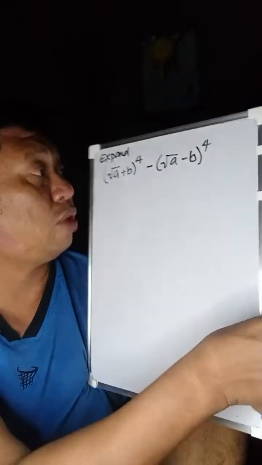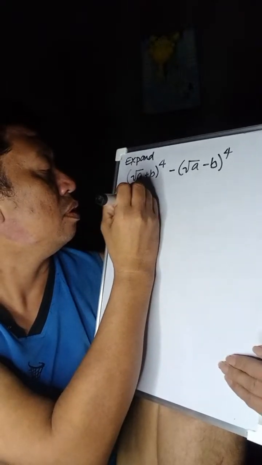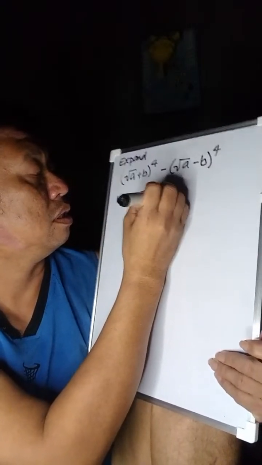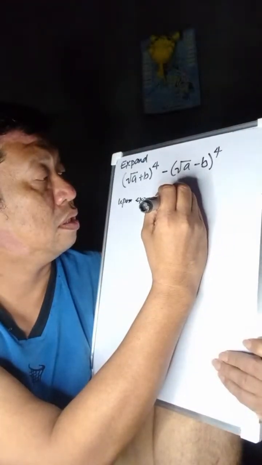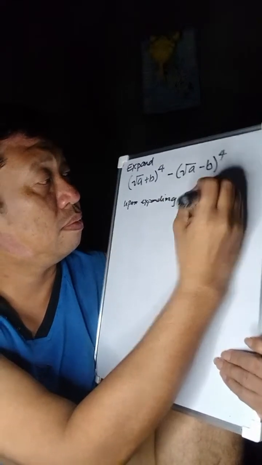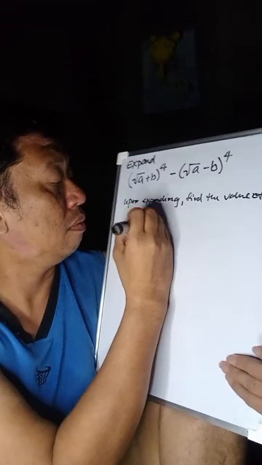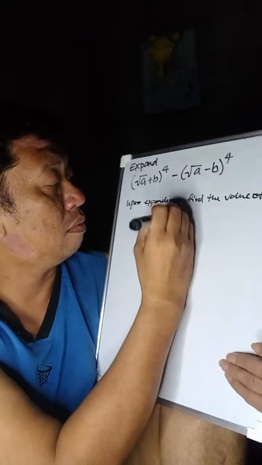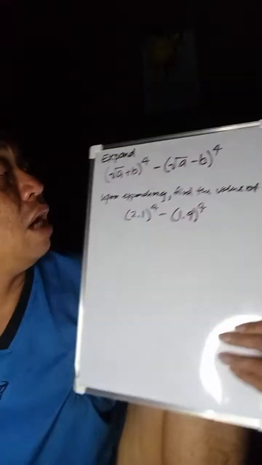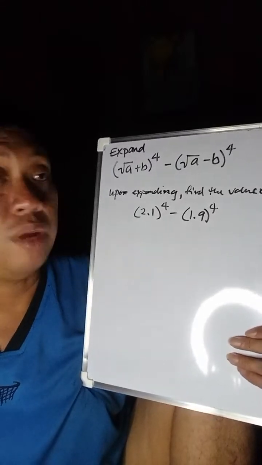And in addition, there was an additional question, so this is the follow-up question. Upon expanding, find the value of 2.1 raised to the fourth minus 1.9 raised to the fourth.